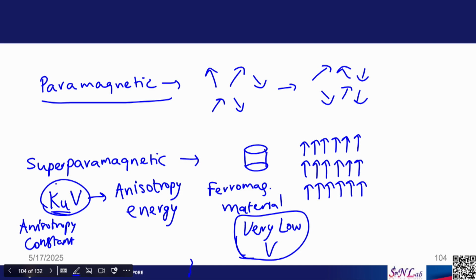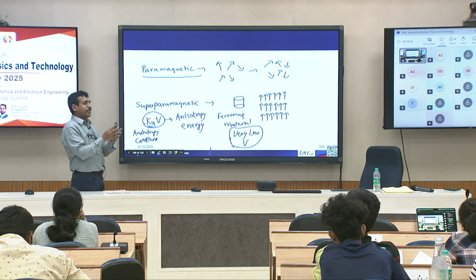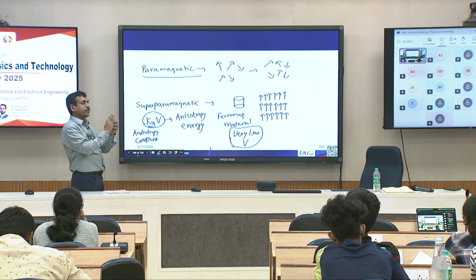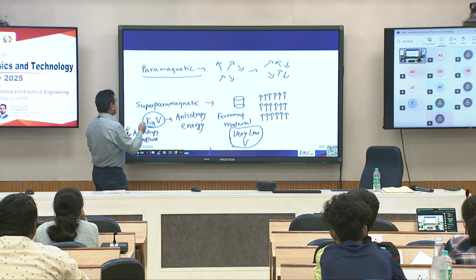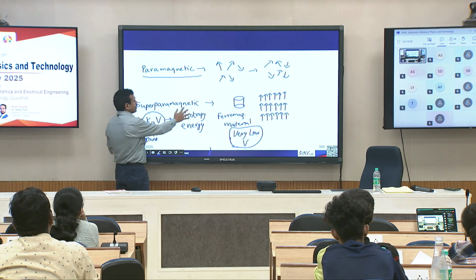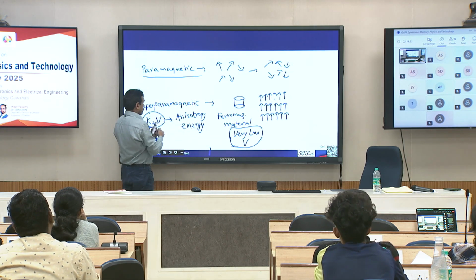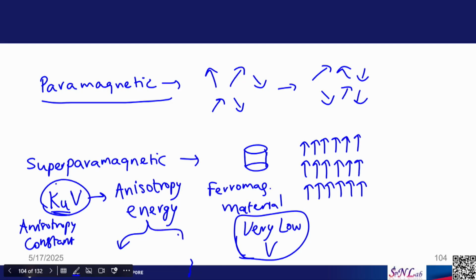We learnt about permanent magnets, right. Yesterday there was one question, why the permanent magnets retain the north pole and south pole. That is because those materials have a very large anisotropy constant, so there is a large anisotropy energy. This anisotropy energy is the one that determines whether a material is hard or soft.